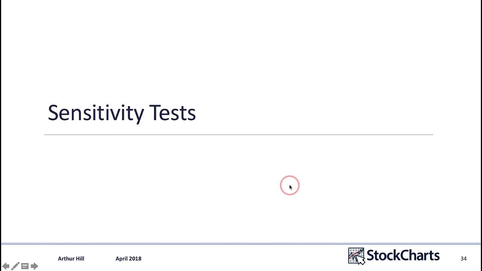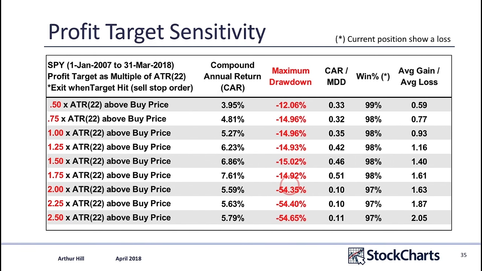Now we're going to look at some sensitivity tests, and I'm going to test the 3 exits that I proposed at the beginning: the profit target, the trailing stop, and the chandelier exit. I'm not going to look at every detail of this table, but I'll show you 2 important things: the compound annual return relative to the maximum drawdown.